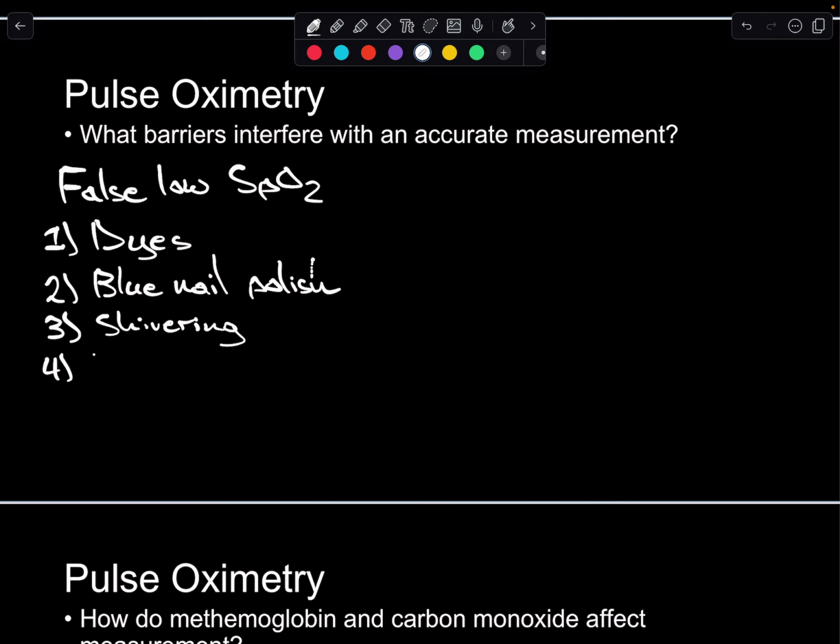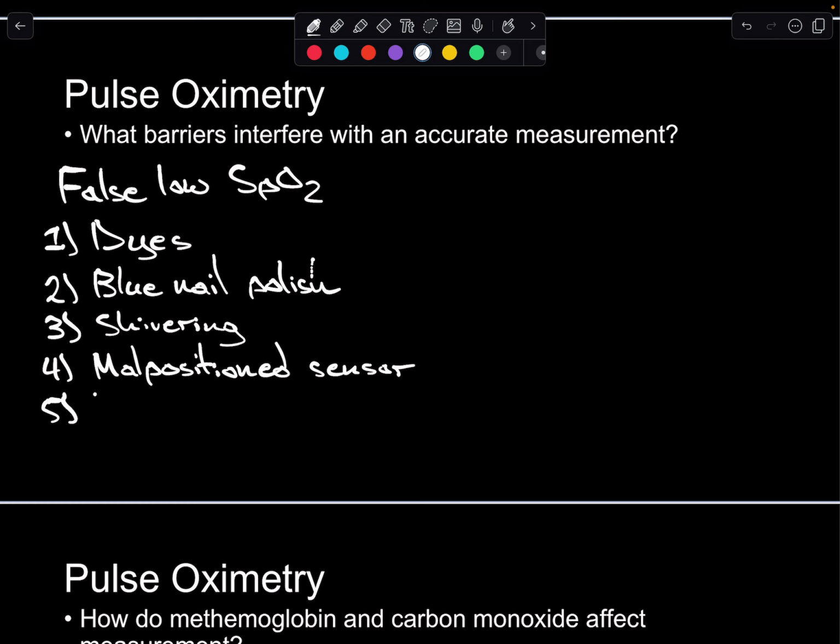Probably the most common one that you'll see is a malpositioned sensor. So if the pulse oximeter is falling off of the hand, probably the first thing you want to check if you have a low SpO2 reading, especially if you see an abnormal waveform.